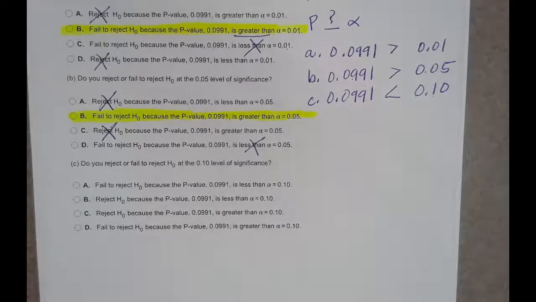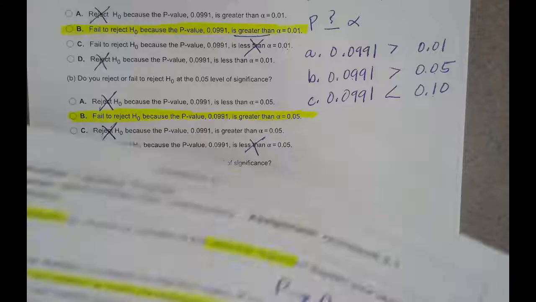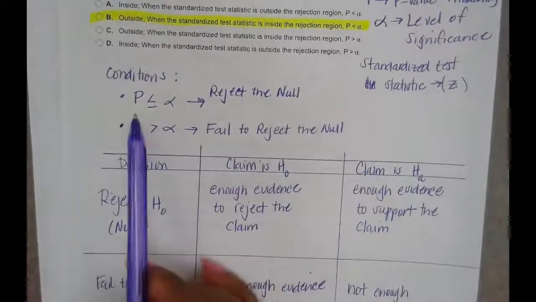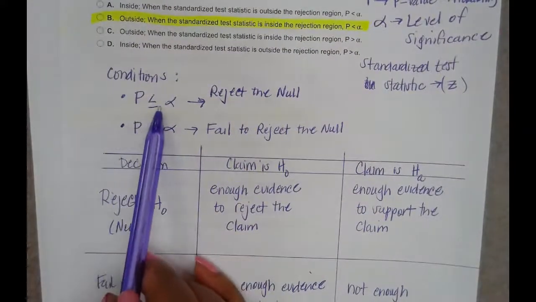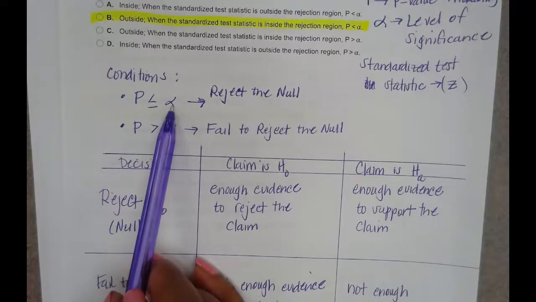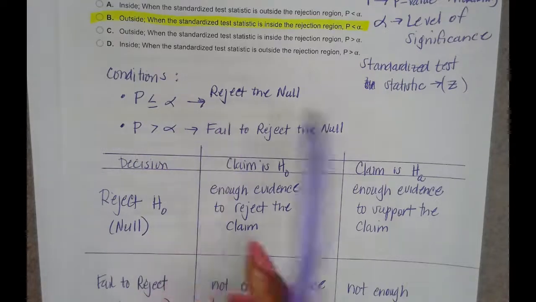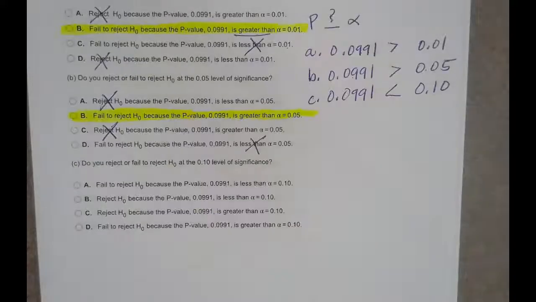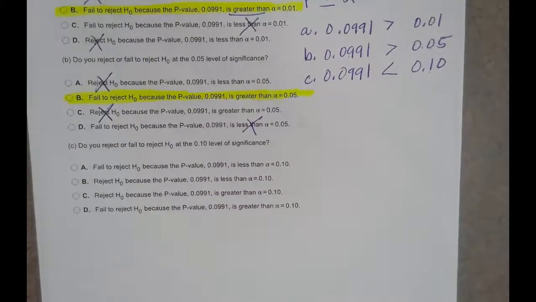So this time I go back to my conditions, and when the p-value is less than or equal to alpha, then we reject the null. So we're looking for a reject.